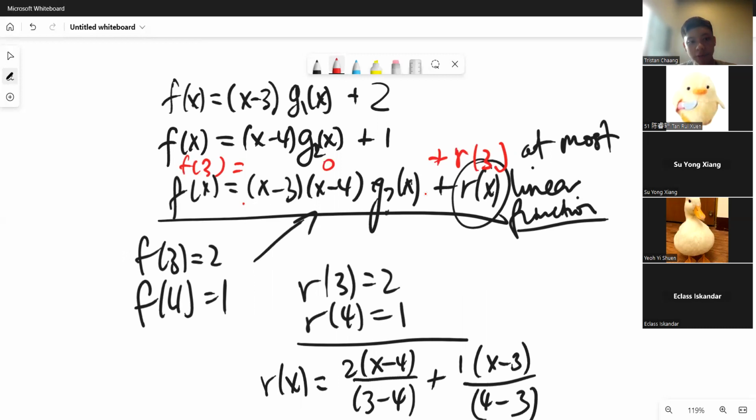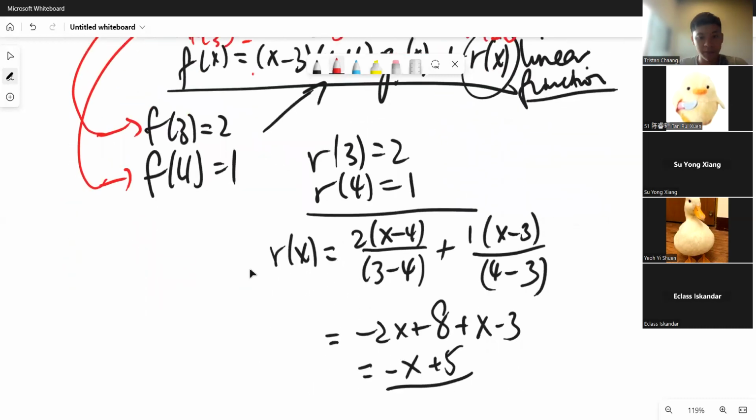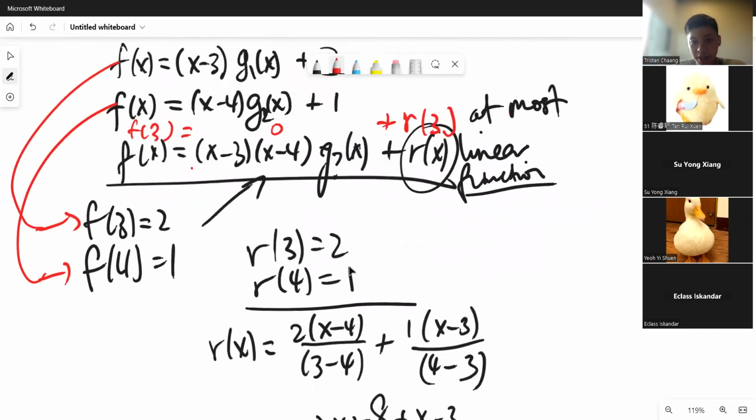So R(3) is 2. And R(4) similarly is f(4), which is 1. This one comes from the remainder theorem. Okay, so that's one application of it.